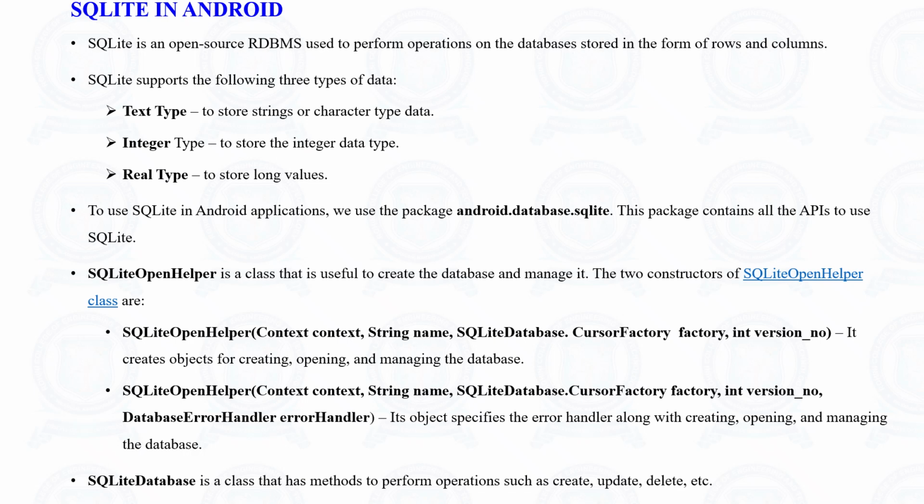SQLiteOpenHelper is a class that is useful to create the database and manage it. As I already told, in Android, if we are using SQLite, just mention the package name in your header file. That's enough to access SQLite. Other than that, the SQLiteOpenHelper class is used to create and manage the database.